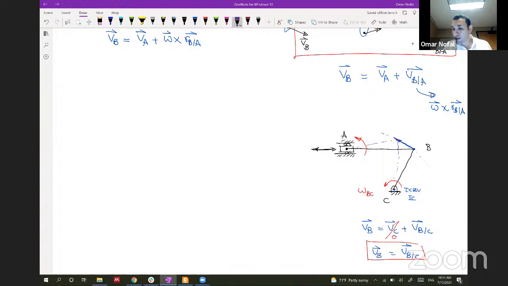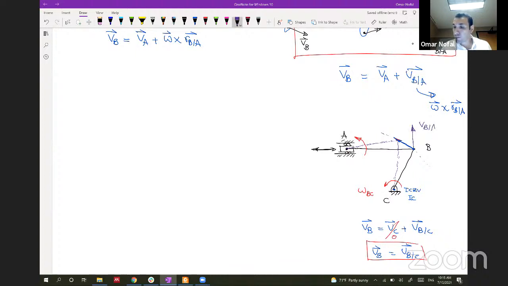That means that the other body is moving this way. So if we want to get VB with respect to A, it will be something like, let's make it another color here, it will be something like this.